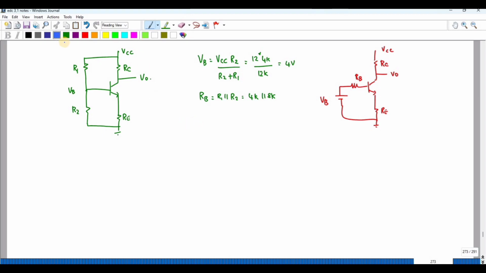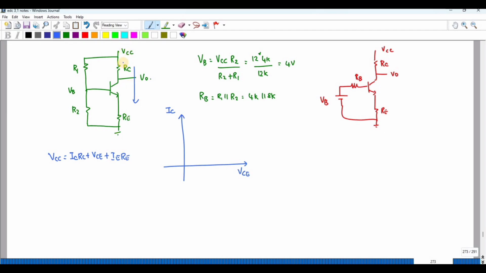We know the DC load line will look like this, right? We need to plot it for IC versus VCE. For that you have to solve this equation. VCC is equal to ICRC plus VCE plus IERE.